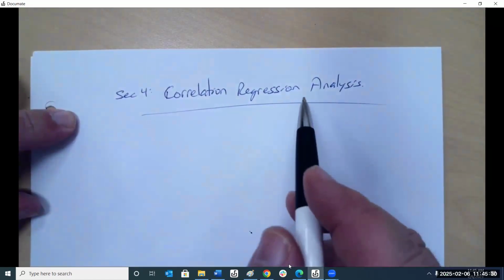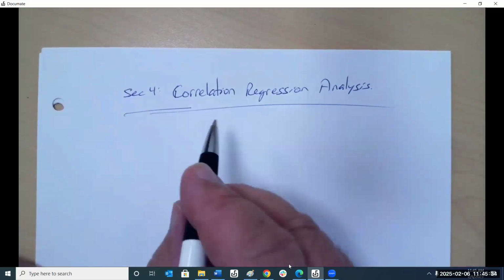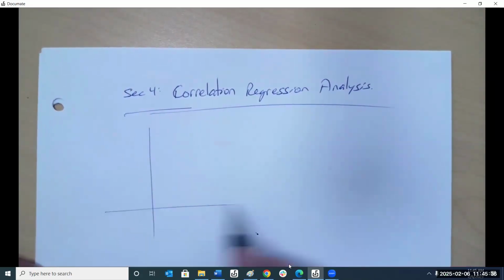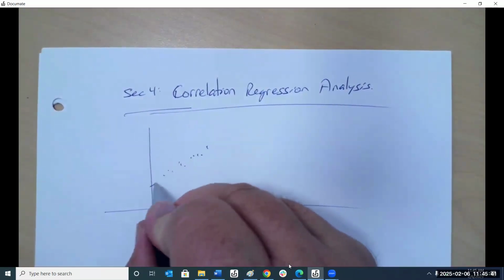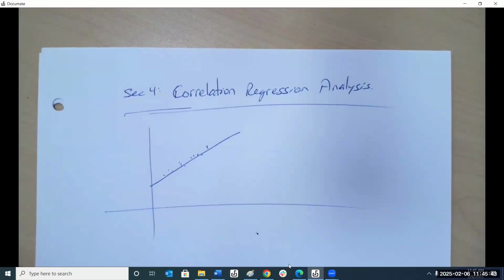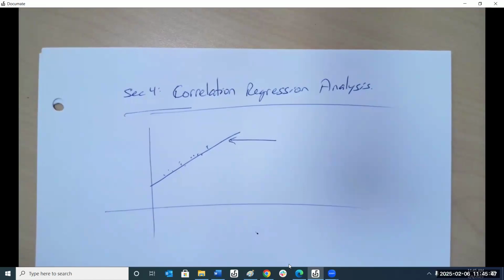Again, this is what we're going to do in section 4. Not today, we're going to do it in section 4. Because remember, if it's a normally distributed curve, there's a line. We have to define the equation of that line.